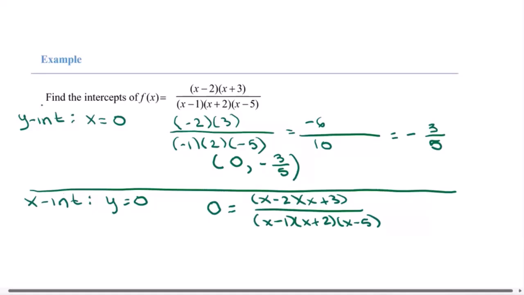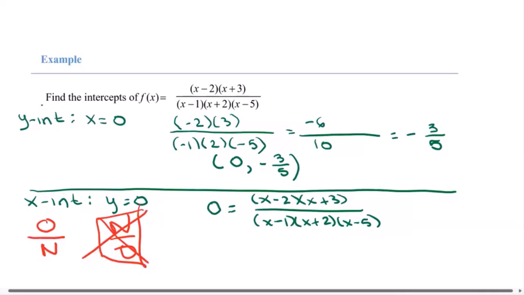Now, remember, to make something 0, all I have to do is have 0 in my numerator and any number in my denominator, right? Remember, I think I showed you this earlier. If I have a number in my numerator and I have a 0 in my denominator, notice, no. So I don't care about my denominator. All I care about is my numerator.